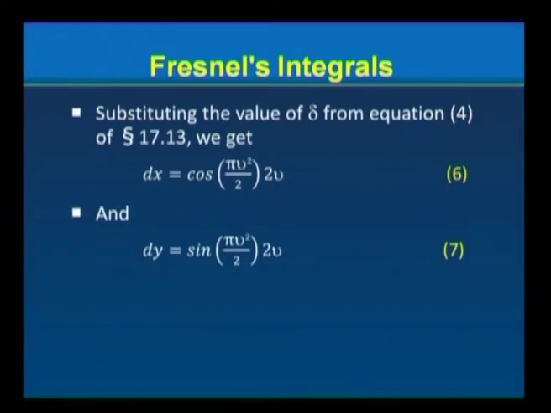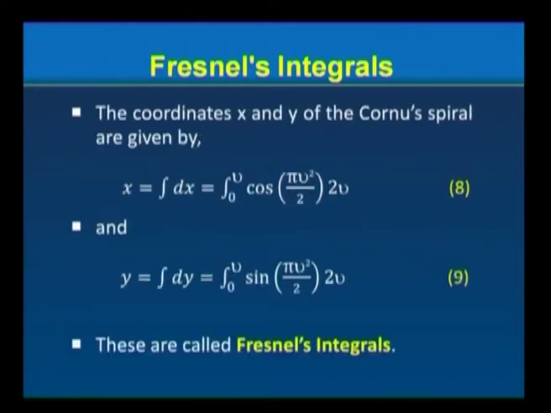So, we come across what are called Fresnel's integrals, which go like this. The expressions are dx is equal to cos of pi v square by 2 into dv, and dy will be given as sin of pi v square by 2 into dv. So, the Fresnel's integrals are given as x is equal to the integral of dx from 0 to v.